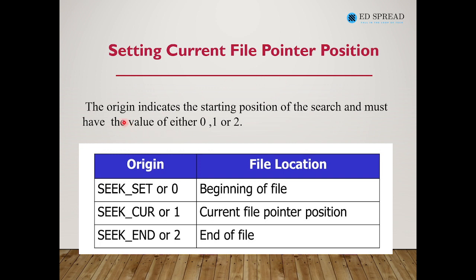Now SEEK_SET, SEEK_CUR, SEEK_END. SEEK_SET goes to the beginning of the file, SEEK_CUR is the current file position of the pointer, and SEEK_END is the end of the file. According to the number, we can understand, so instead of using SEEK_SET, SEEK_CUR or SEEK_END, we can use that.